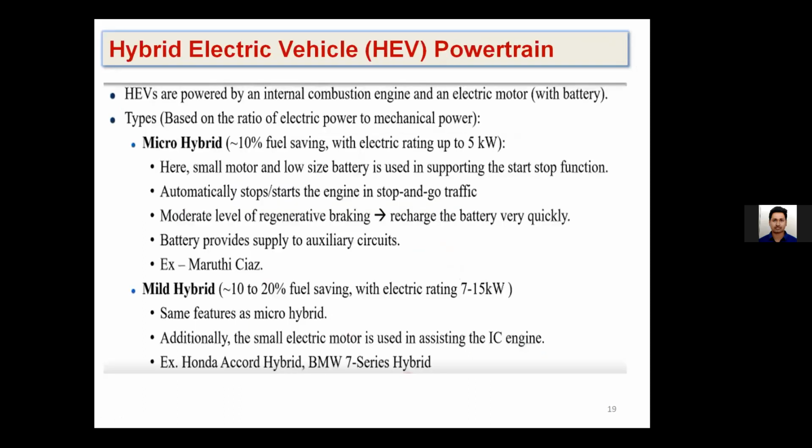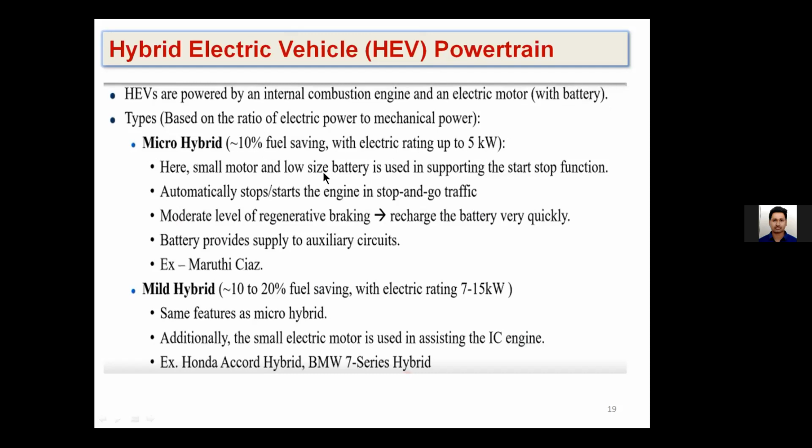As we discussed, in hybrid electric vehicles we have various combinations or variants, which combine an IC, internal combustion engine, and an electric motor driven by the battery. Let us take the first type, that is micro hybrid. In this micro hybrid, we have an IC engine and another small motor. The rating is up to 5 kilowatt. Due to this hybrid combination, we get a fuel saving of around 10%.